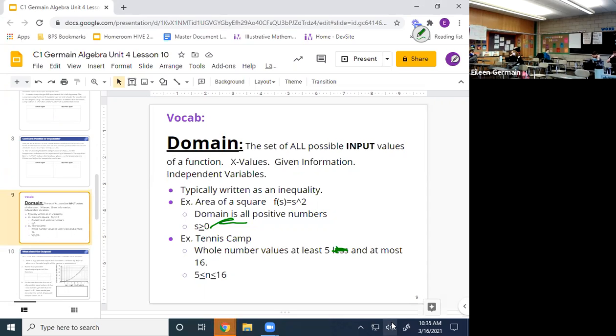Question? Is there a way to address that, to only talk about whole numbers, non-decimals? Oh, okay. There is a way, but it's introduced in Algebra 2. It's called function notation.